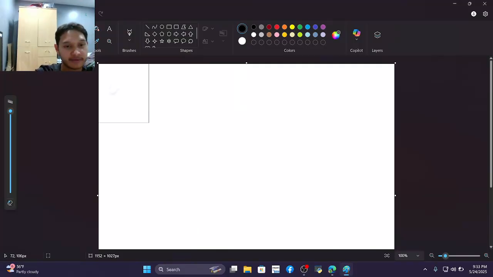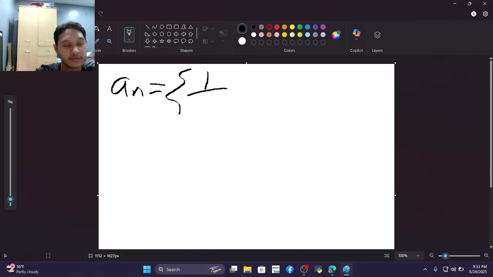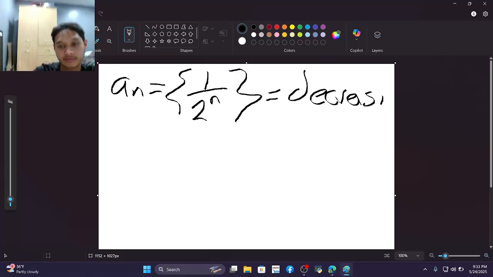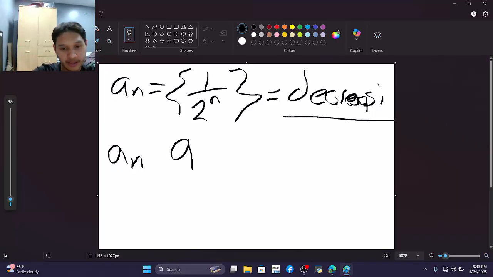Let's do another one. We have a sub n equal to 1 over 2 to the power of n. Okay, and we can say this is decreasing. You get the idea. So we can start by writing a sub n and a sub n plus 1.